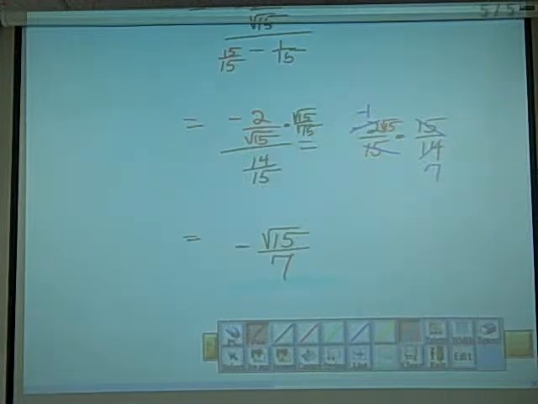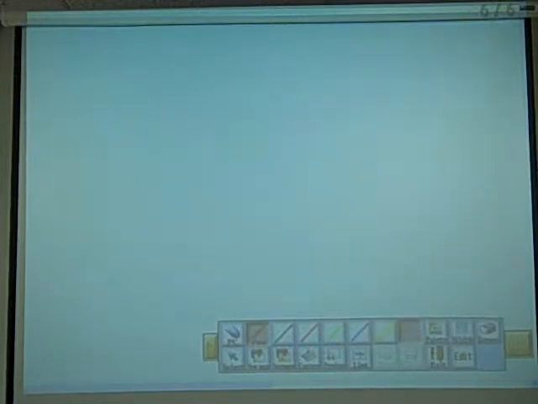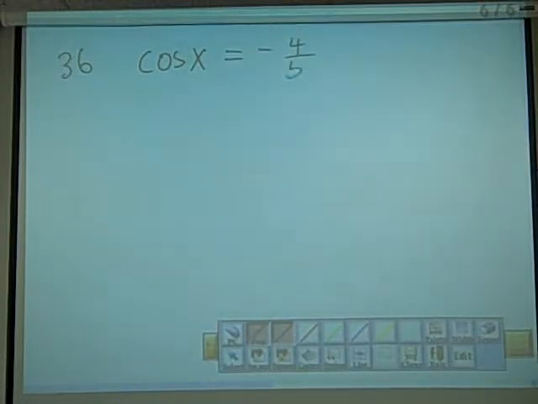we have a problem such as, go to a new page here. Cosine x equals negative 4 over 5.